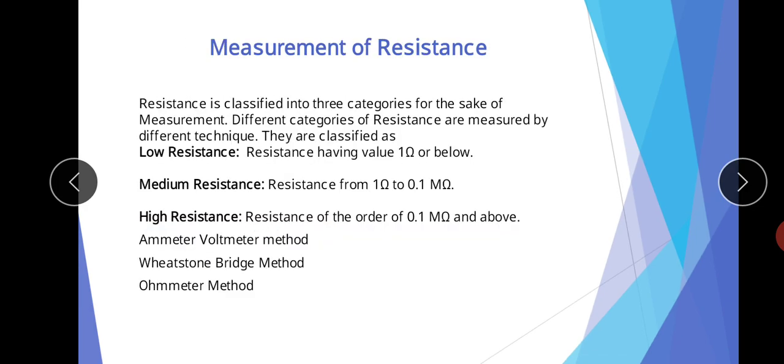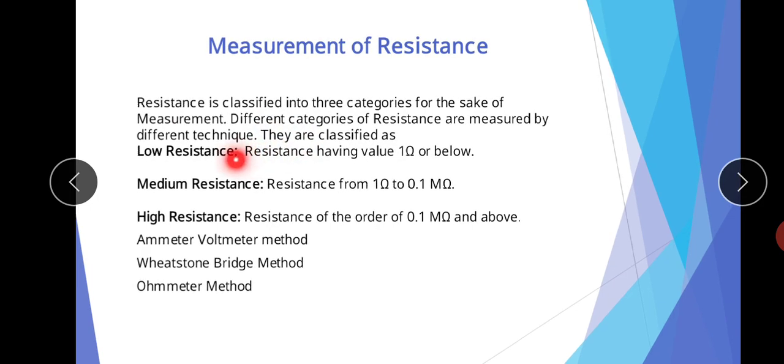Now, measurement of resistance. Resistances are classified into three categories for the sake of measurement, and different categories of resistance are measured by different techniques. They are classified as low resistance, medium resistance and high resistance.